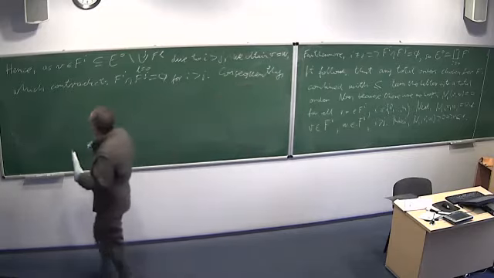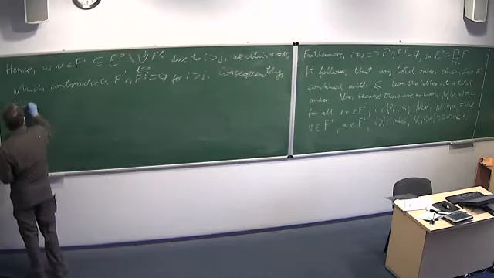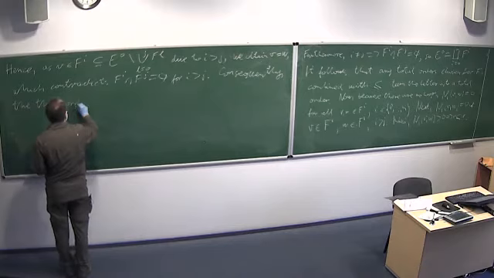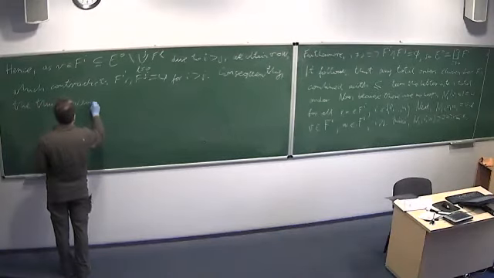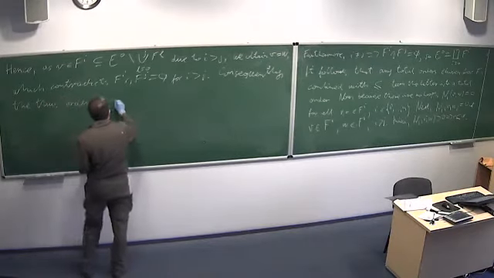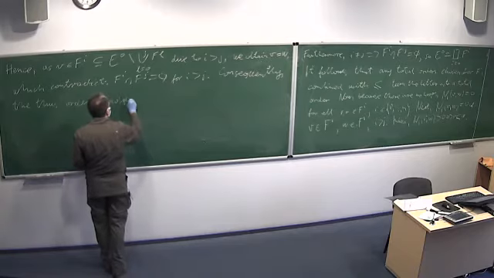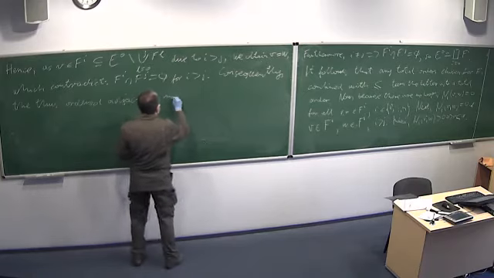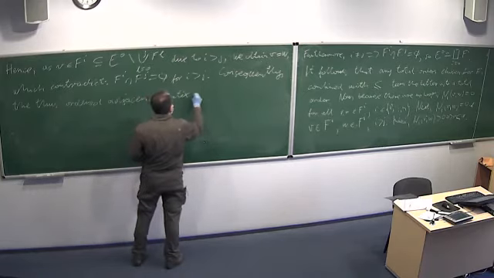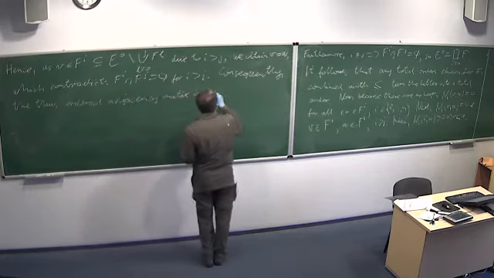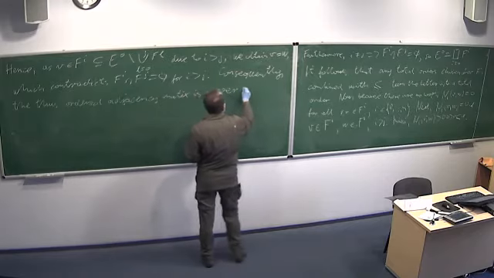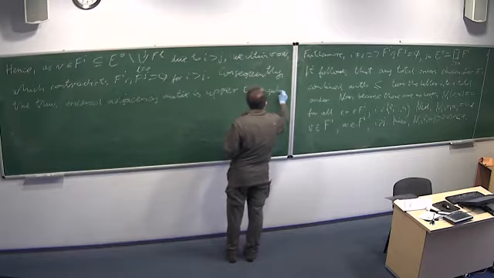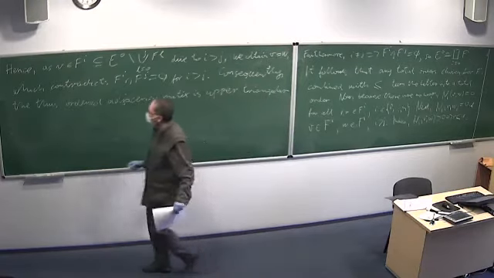The first ordered adjacency matrix is upper triangular with zeros on the diagonal.